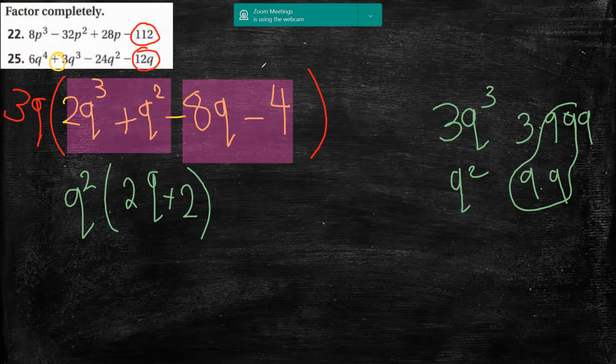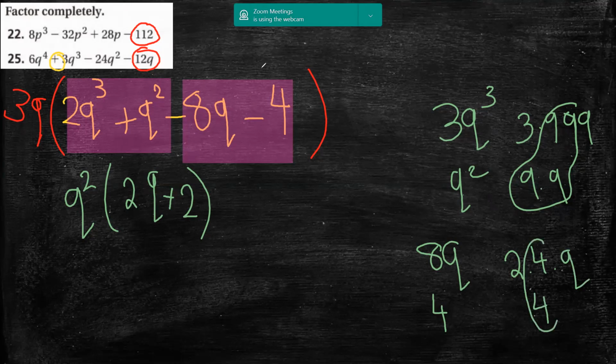Let's now go to the second pair. For the second pair, here we have 8q and 4. To factorize them, we have 4 as a common factor.